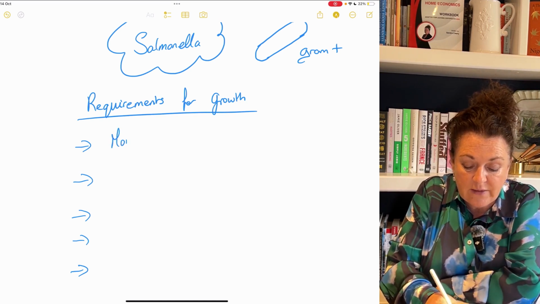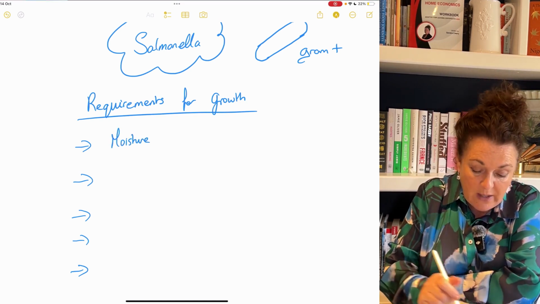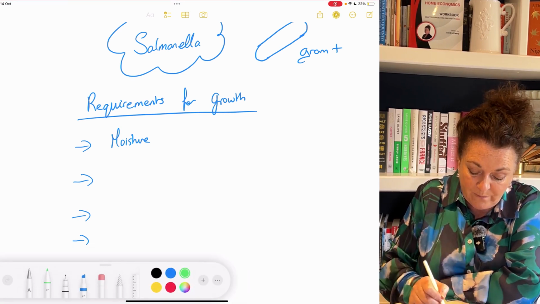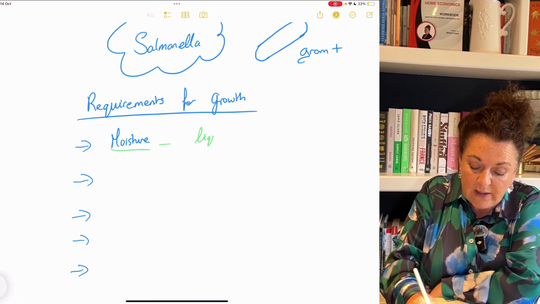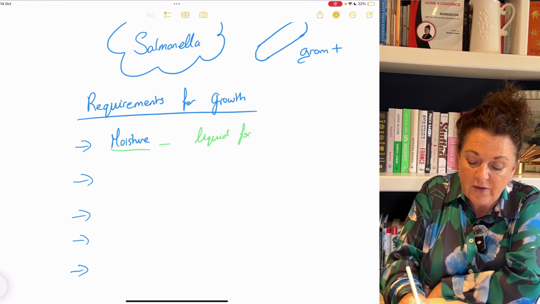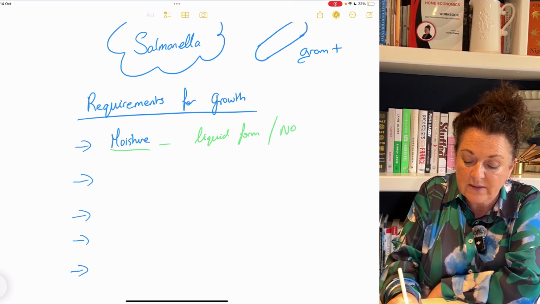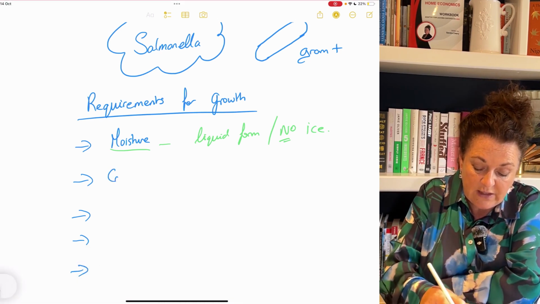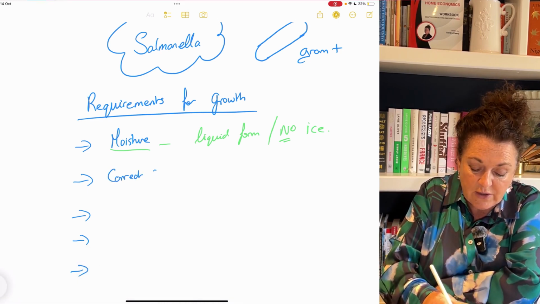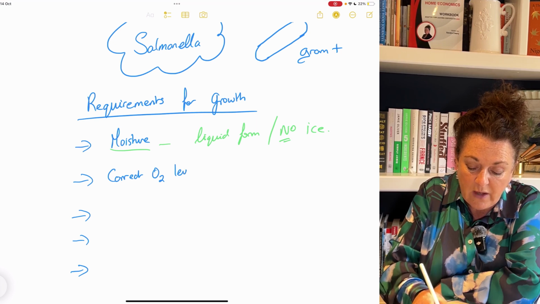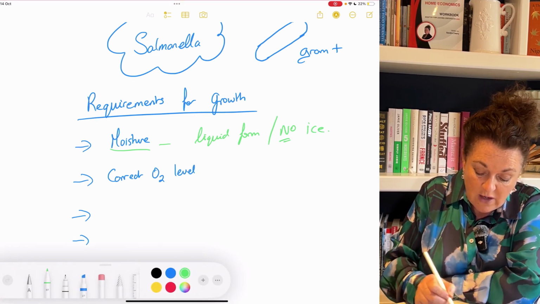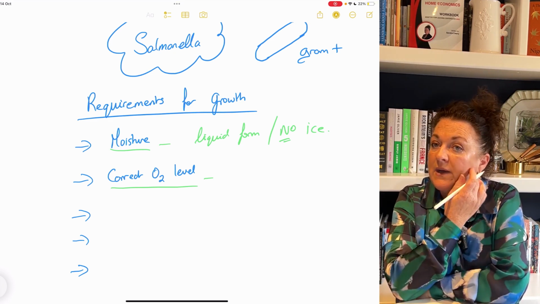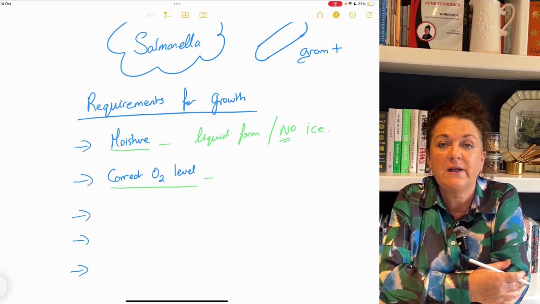So first of all, Salmonella need moisture, and they need it in a liquid form. So must be in a liquid form. They cannot utilize ice, so I'll just say no ice. Next, we note they need correct oxygen level, and make sure that you say correct oxygen level, because reminder, we have aerobic, anaerobic, and we have facultative.